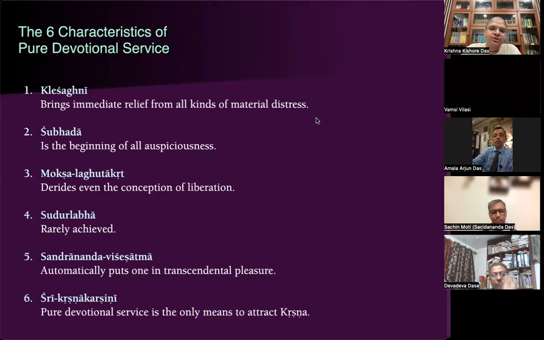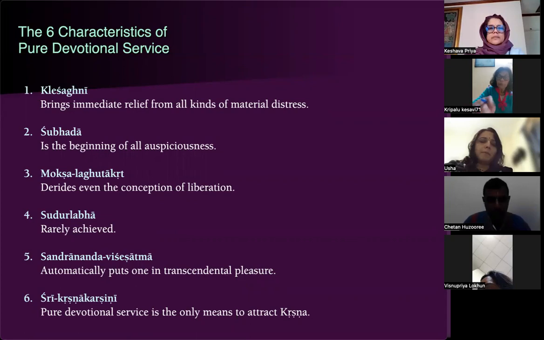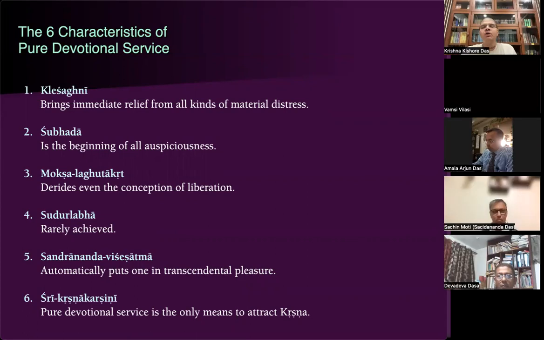That's what Krishna promised in Bhagavad Gita. Sarva dharman paritajya mamekam sharanam braja aham tvam sarva papebhyo mokshishyami. Mokshishyami means I'll relieve you from all sinful reactions. So that is Kleshagni, the first symptom of practicing pure devotional service.